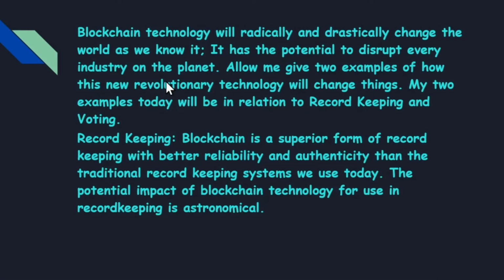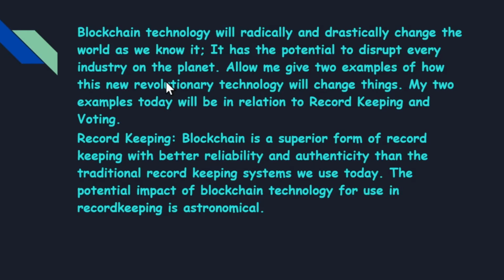Blockchain technology will radically and drastically change the world as we know it. It has the potential to disrupt every industry on the planet. Allow me to give two examples of how this new revolutionary technology will change things. My two examples today will be in relation to record keeping and to voting. With record keeping, blockchain is a superior form of record keeping, with better reliability and authenticity than the traditional record keeping systems we use today.